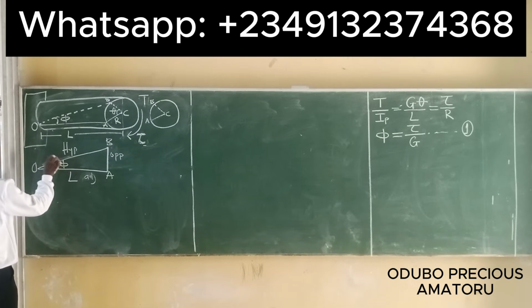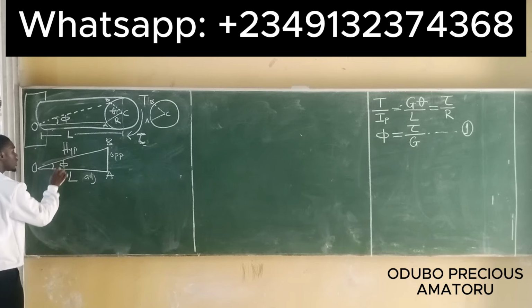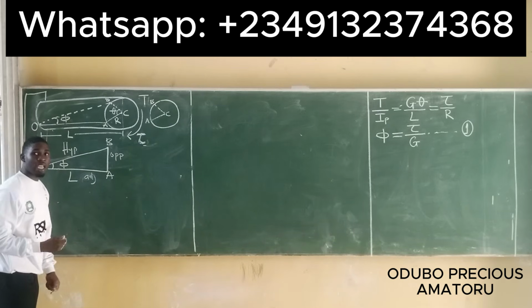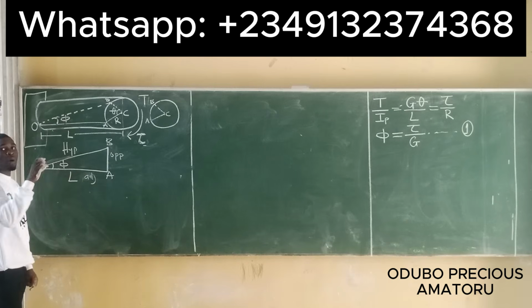So we want to get this opposite part of it. The relationship that we use is opposite over adjacent, which has the relationship of tan.